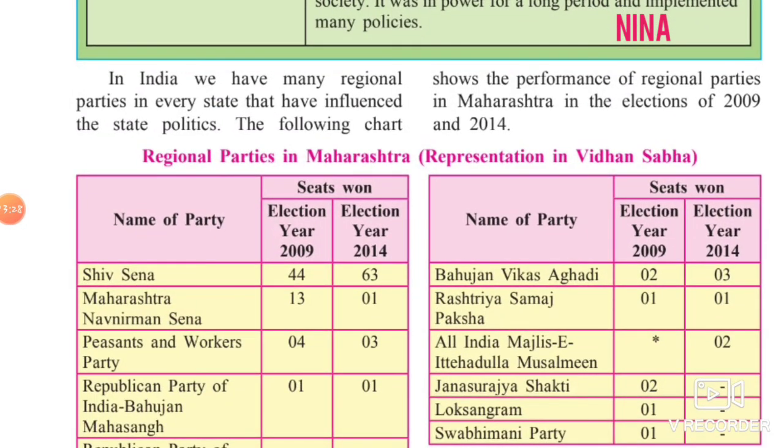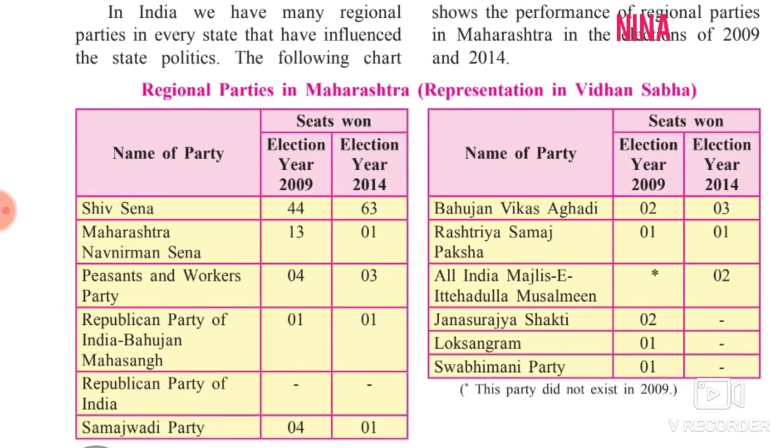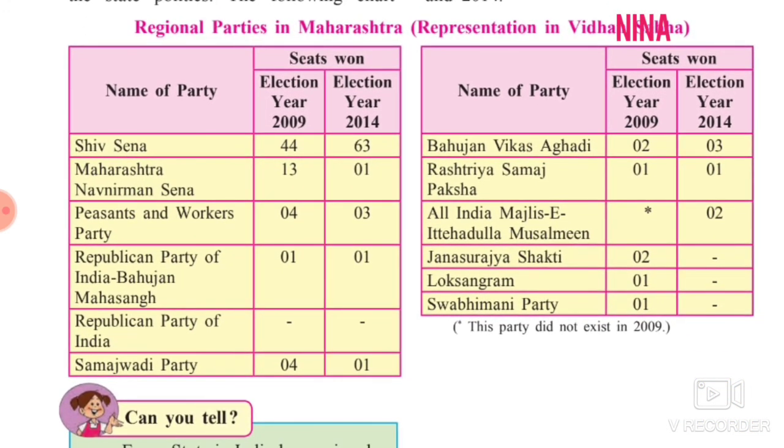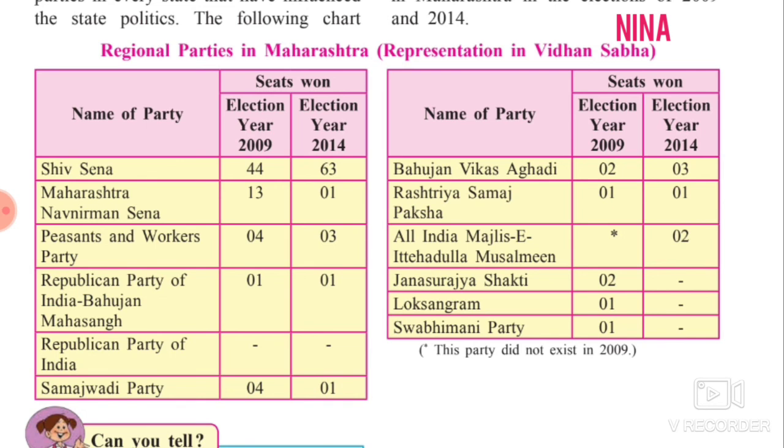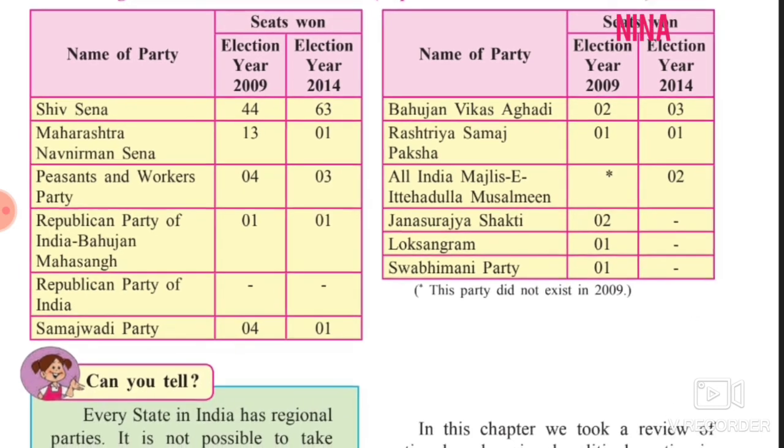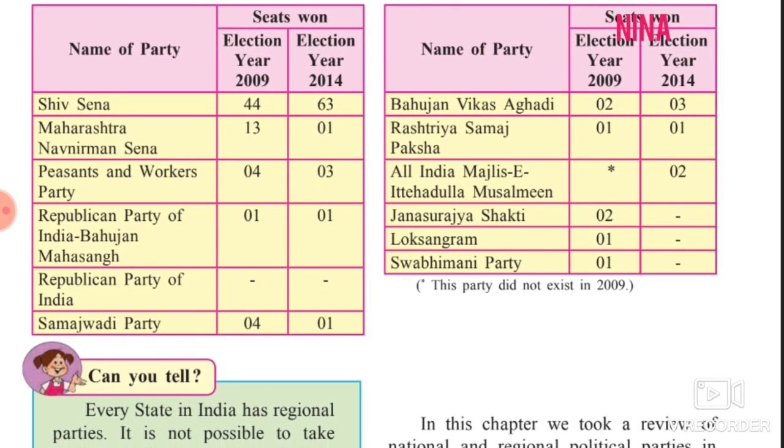Now children, here in the last part they have given regional parties in Maharashtra and their representation in the Vidhan Sabha. You can see Shiv Sena 44 in the election of 2009. Here there are the names of the party and seats won. This party did not exist in 2009.